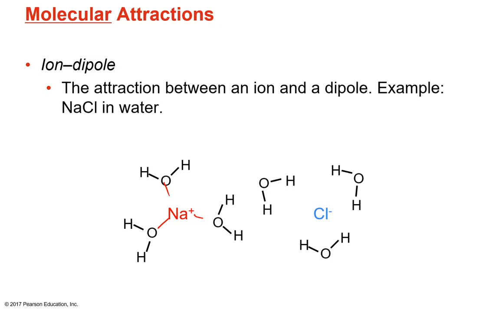So its fans are clustered around it. Chlorine, likewise, has a negative charge, the hydrogens have positive charge, and they're attracted to the negative chlorine. And so here we're forming molecular bonds between water and sodium and chlorine and water. Those are ion-dipole. The ions are the sodium and the chlorine, and then water is the dipole. So that's the strongest of our molecular bonds.